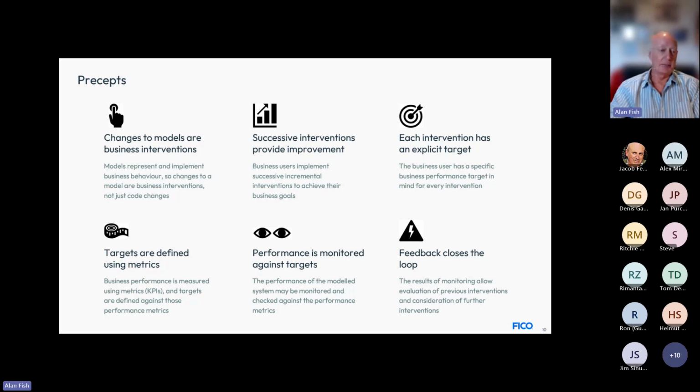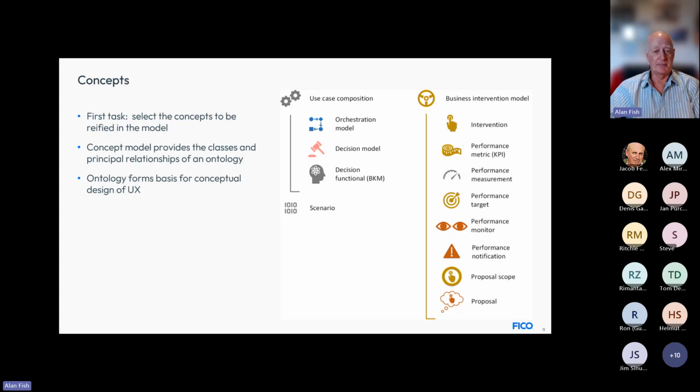So those are the precepts on which I'm building this structure of concepts. These are the concepts I use. I'm not going to go through them all in detail on this slide, but a bit of expectation management here.